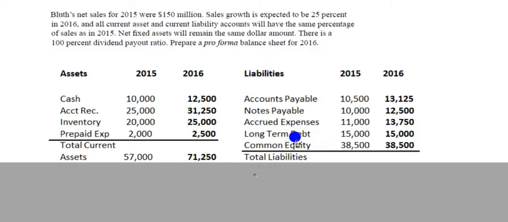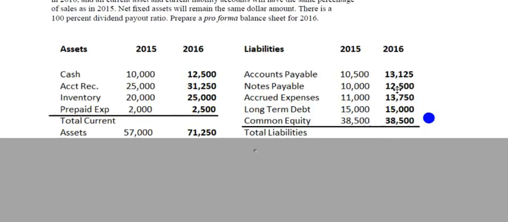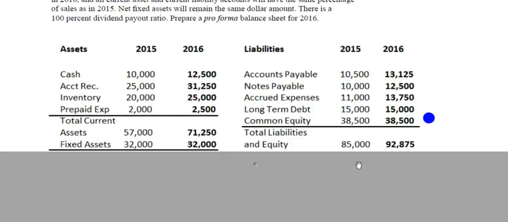Our long-term debt's not going to change, and our common equity is not going to change because we have a 100% dividend payout. So these don't change, and it didn't say anything about more debt, so we're not going to change that. And then we scroll down from there.